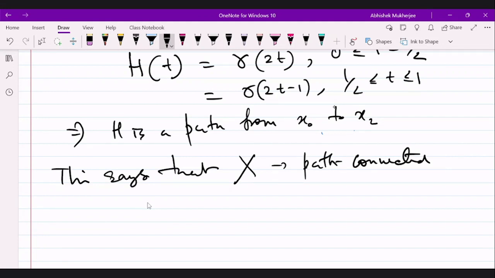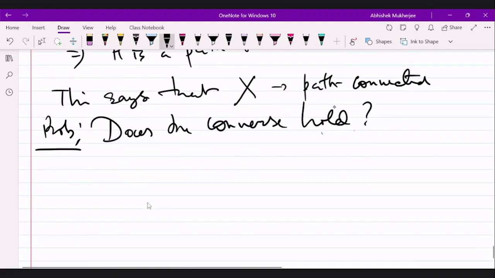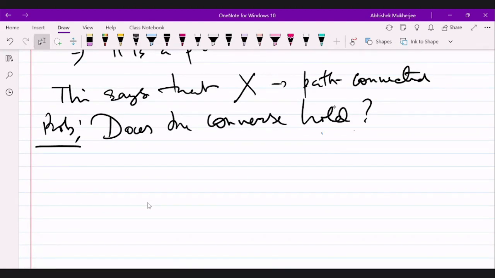And you have lots of examples that the converse will not be true. That is a problem here. So does the converse hold? Okay. So justify your answer. Okay, great.